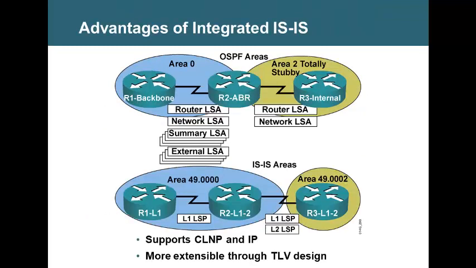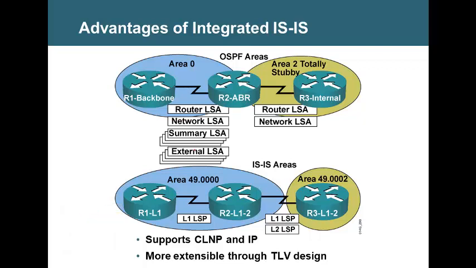Type 1 LSA, Type 2 LSA, Type 3 LSA, Type 5 LSA, too many types of LSAs. Here it is not like that. Only two. L1, L2. That's all. L1 is within the same area, L2 is between multiple areas. That's a big advantage.